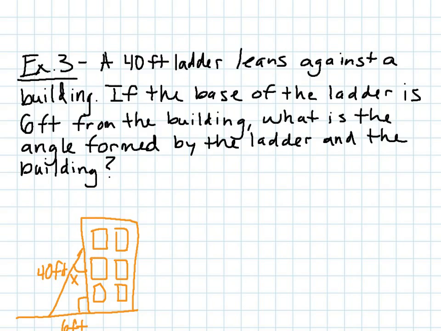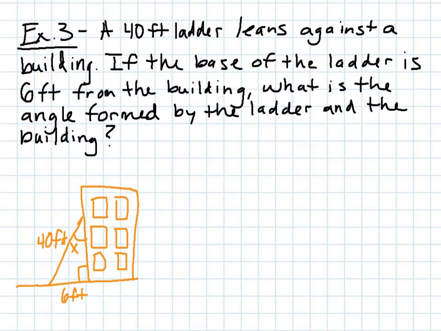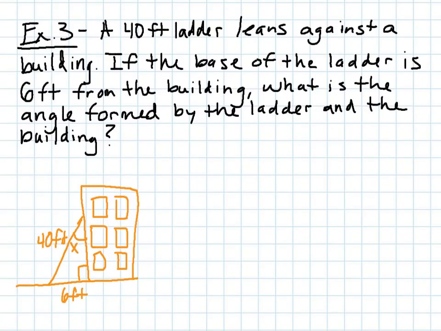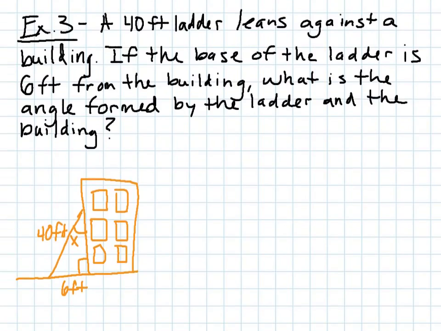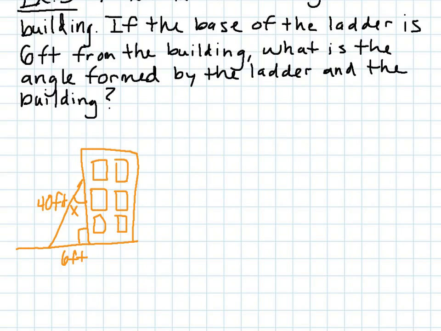Example 3 is a word problem. A 40-foot ladder leans against the building. If the base of the ladder is 6 feet from the building, what is the angle formed by the ladder and the building? So here I've drawn my picture of what they're describing.